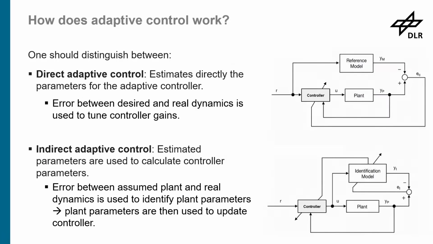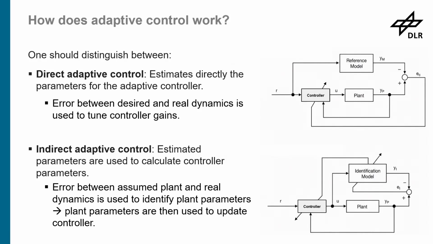In this presentation, I just try to look into adaptive control. And for adaptive control, you have two ways of looking into the problem, right? You have direct adaptive control, you have indirect adaptive control. Indirect adaptive control is basically system identification, right?